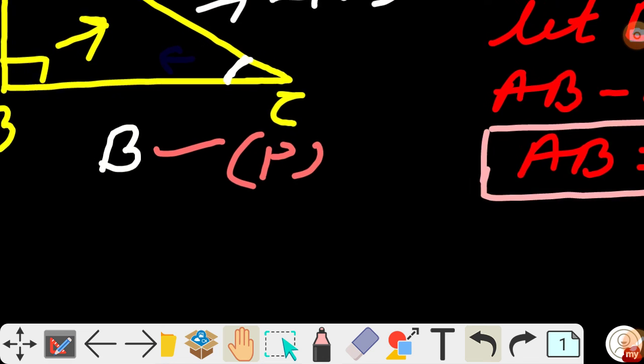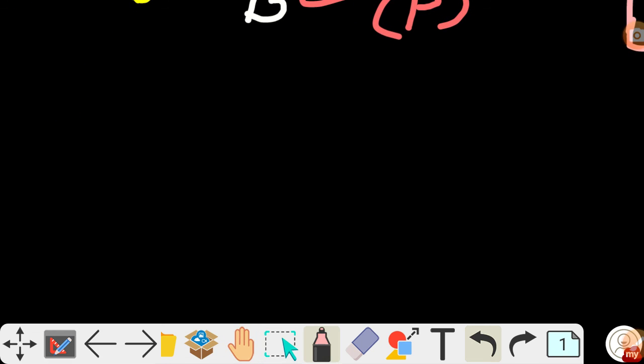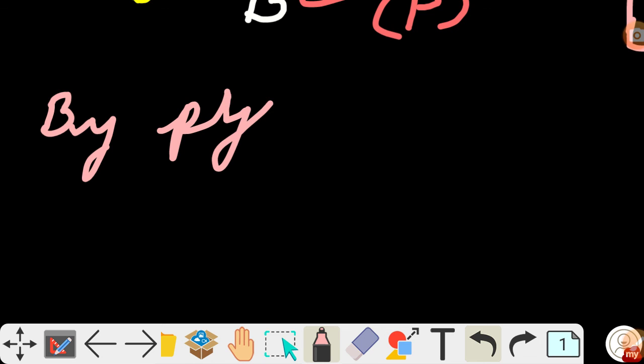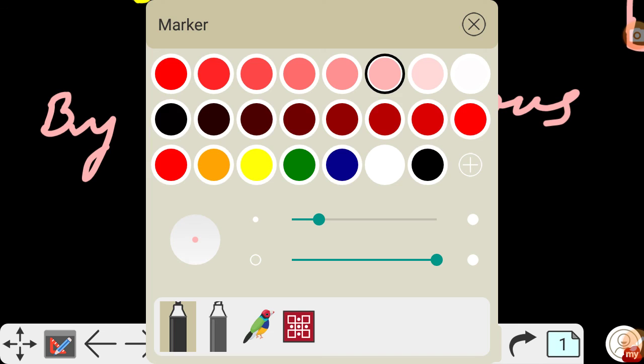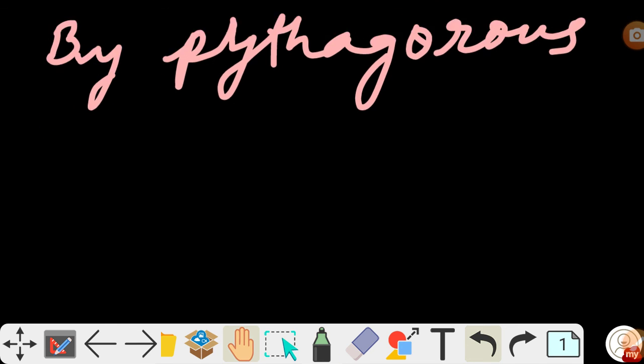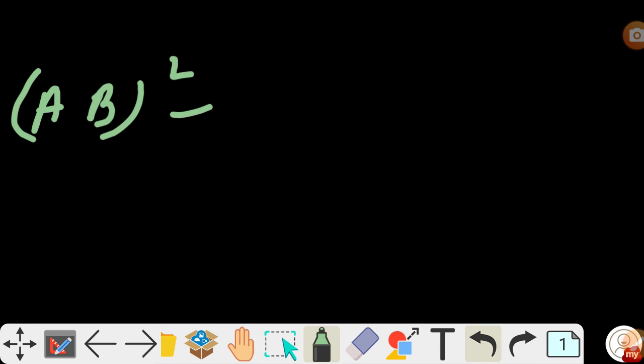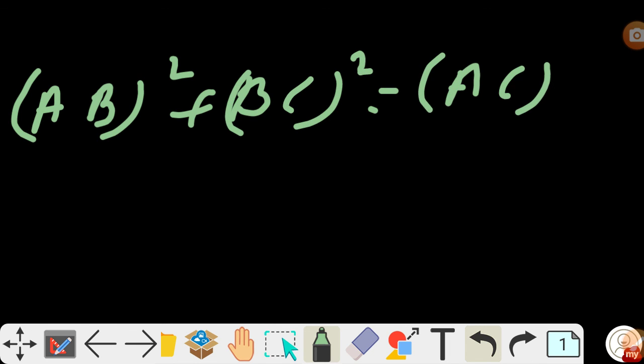So by Pythagoras, AB square plus BC square equals AC square.